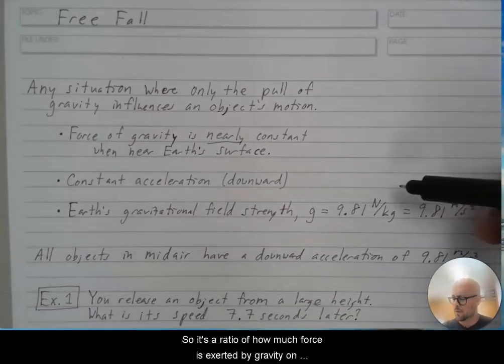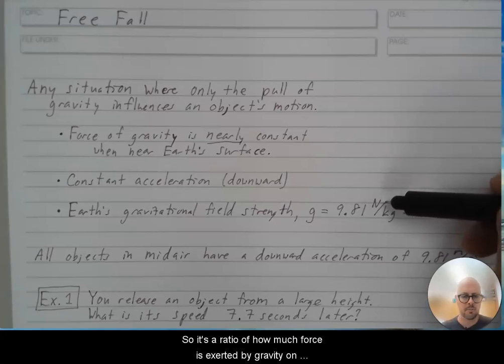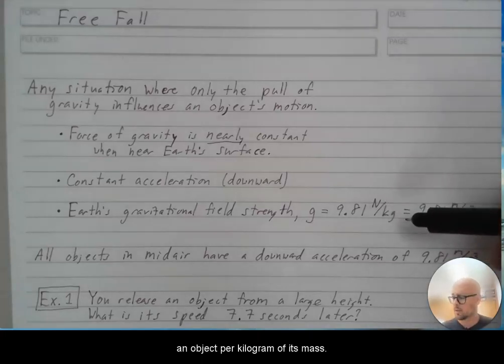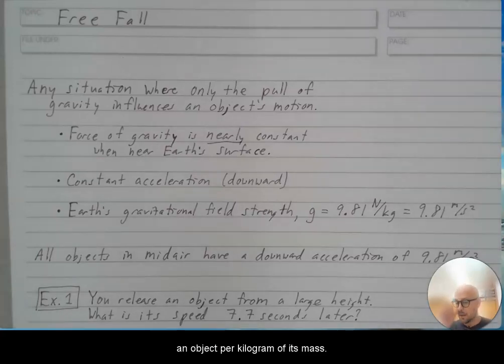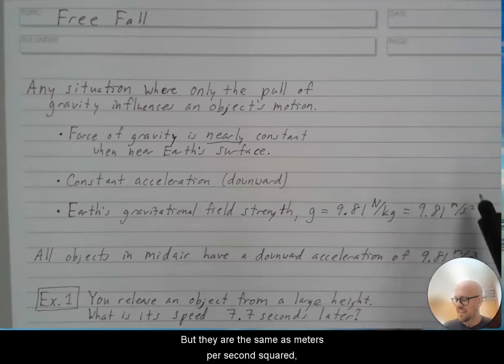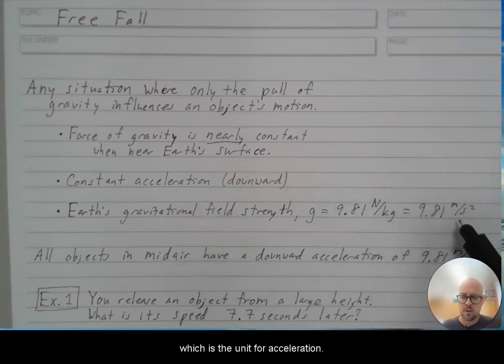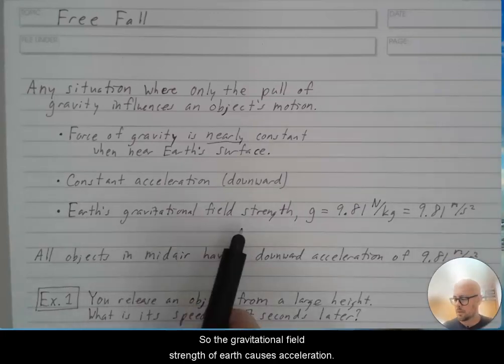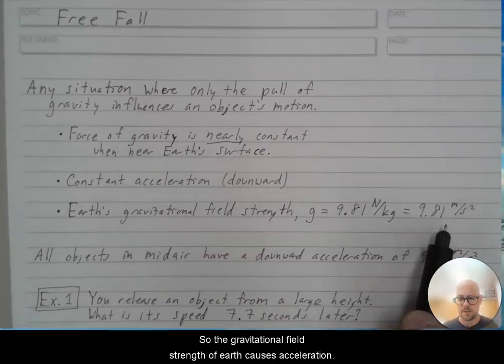So it's a ratio of how much force is exerted by gravity on an object per kilogram of its mass. We will focus on these units later in the course, but they are the same as meters per second squared, which is the unit for acceleration. So the gravitational field strength of Earth causes acceleration.